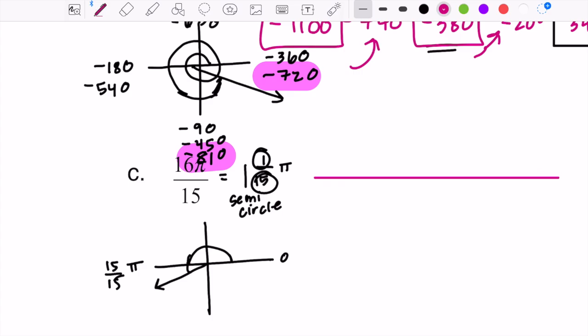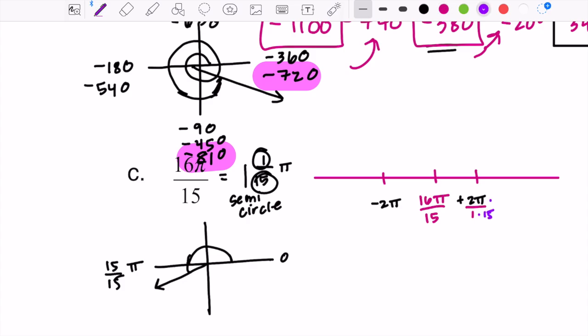So here's our line, and we have that we are at 16 pi over 15, and because we're in radians, we're going to add 2 pi and subtract 2 pi and hope we get a positive and negative to start with. Otherwise, we're going to have to do more math. So 16 pi over 15 plus 2 pi. So plus 2 pi is 2 pi over 1. Do our fraction math.